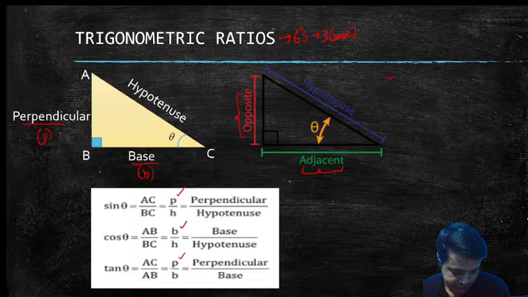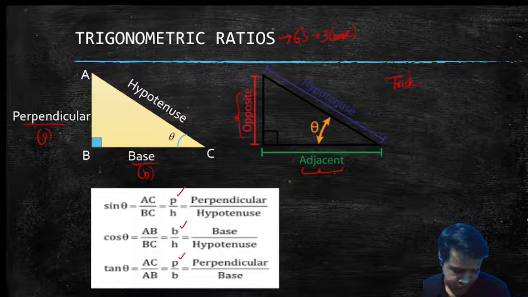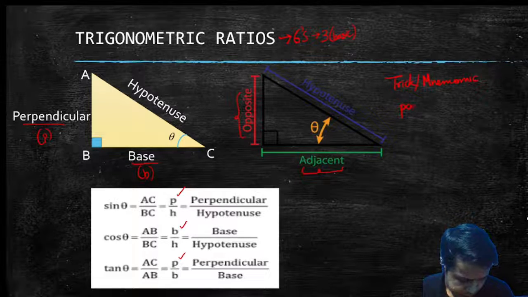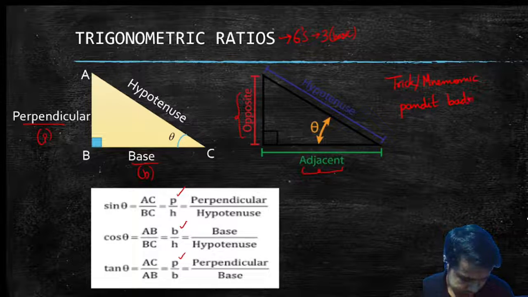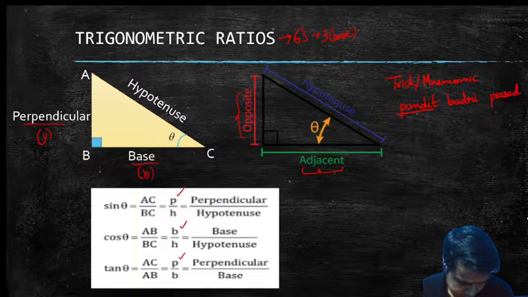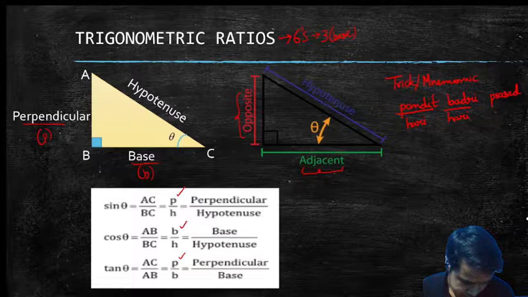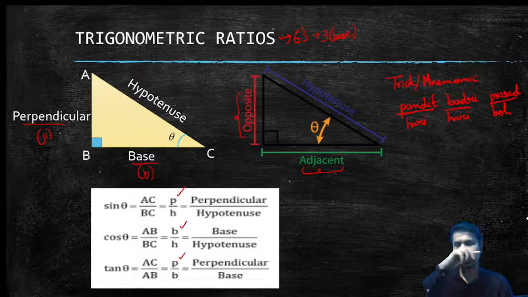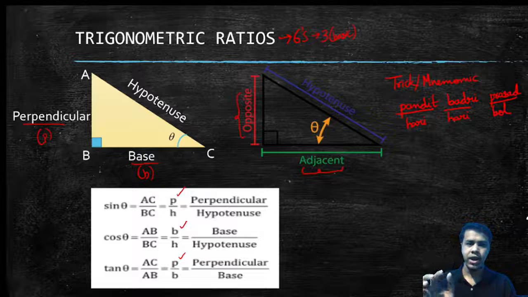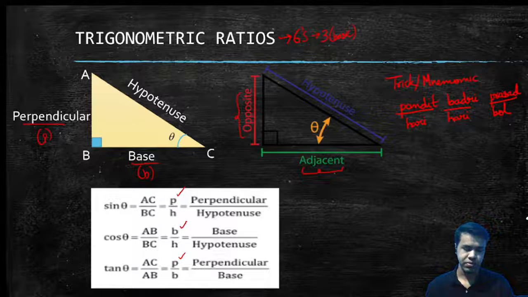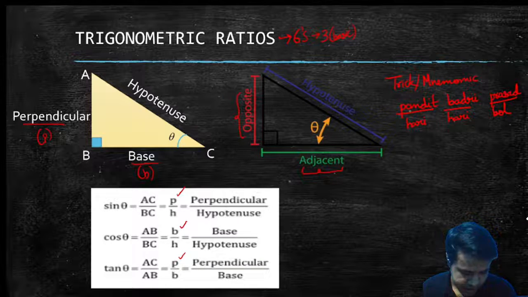But there is a trick, or you can say mnemonic, to remember the formulas. The trick goes like this: Pandit, Badri, Prasad, Hari, Hari, Bol. What you need to do is look at the first letter of each word.